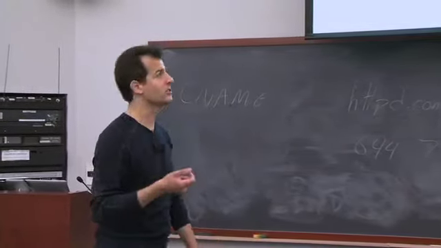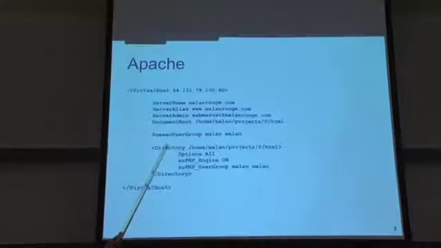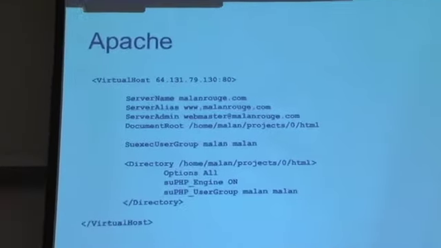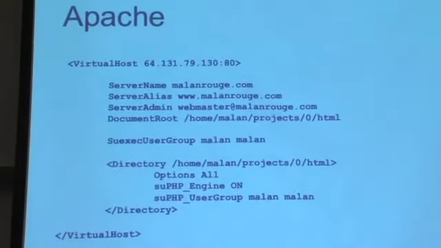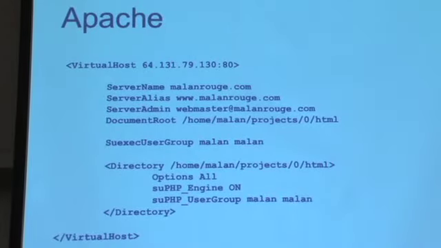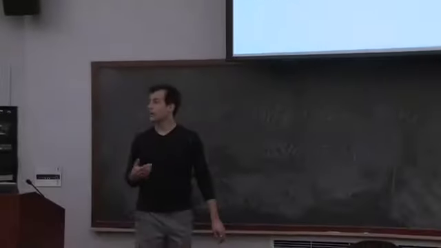So su generally stands for substitute user. And what this means here is that because I've included this directive, the implication is that any code living in Malan's account, when it gets executed by nobody or by the web server username, is actually going to get run not by that server, but instead by this guy called Malan.